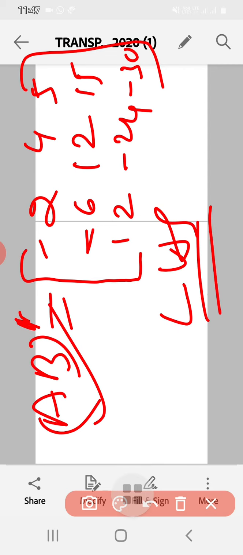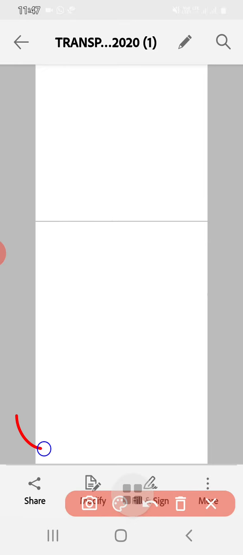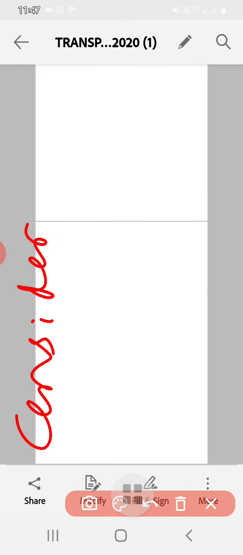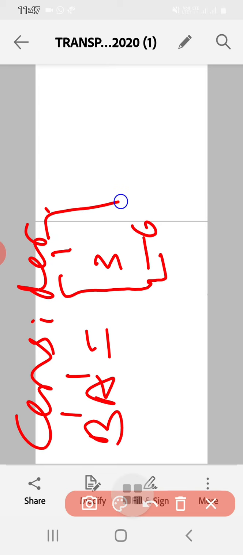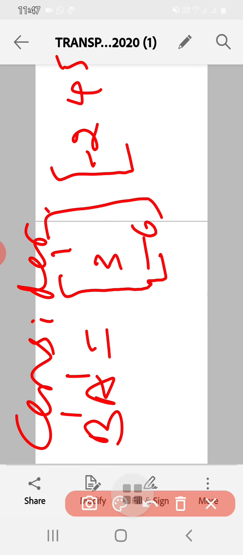Then consider B dash A dash. We have already written B dash and A dash. So B dash is 1, 3, minus 6, then A dash is minus 2, 4, 5. Then you consider the product here.